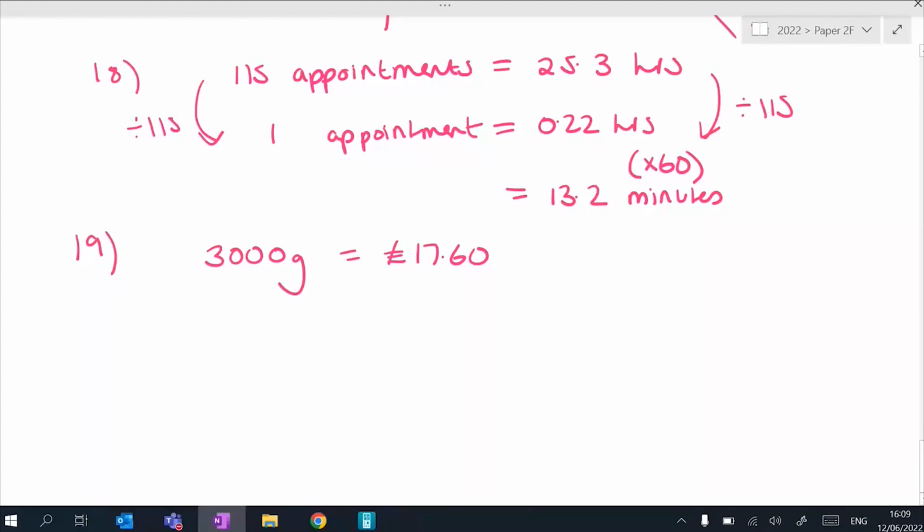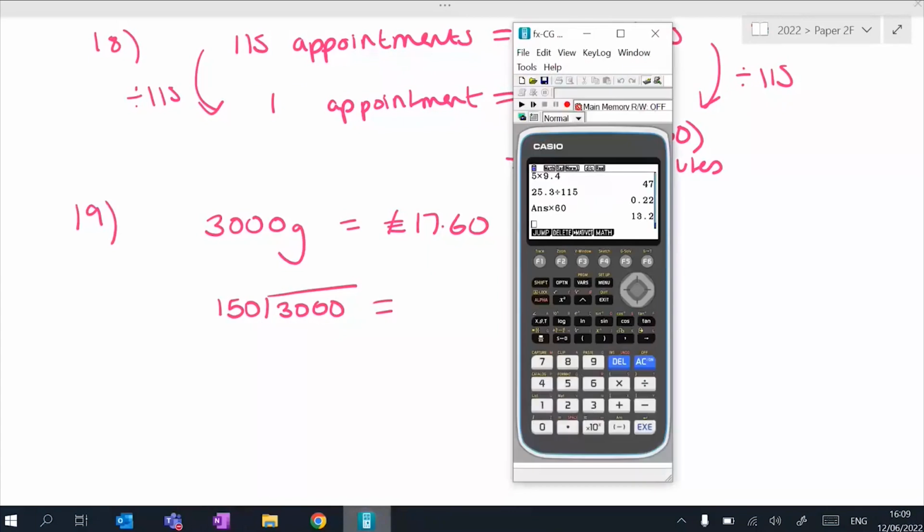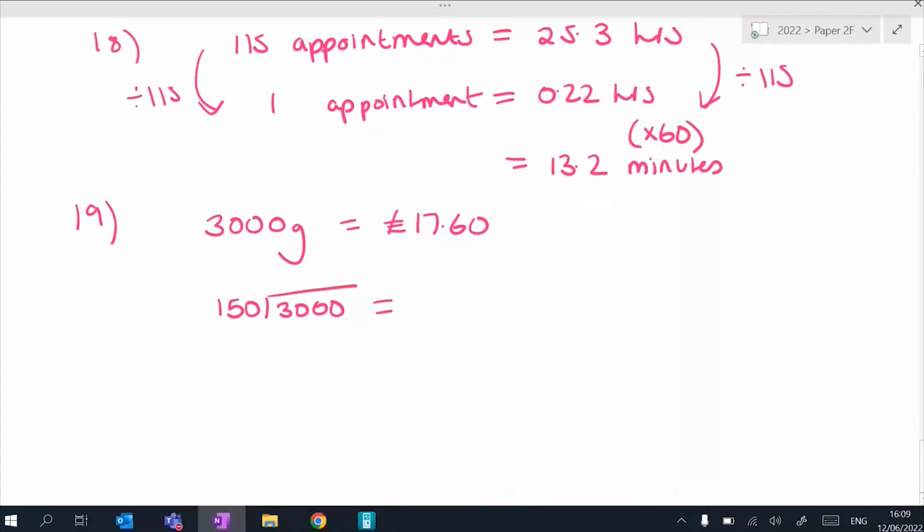Okay, she fills up as many bags as possible and wants to make a certain profit level. Okay, so we want to see how many bags she can get. So how many 150s into 3,000? Okay, so she has got 20 bags.